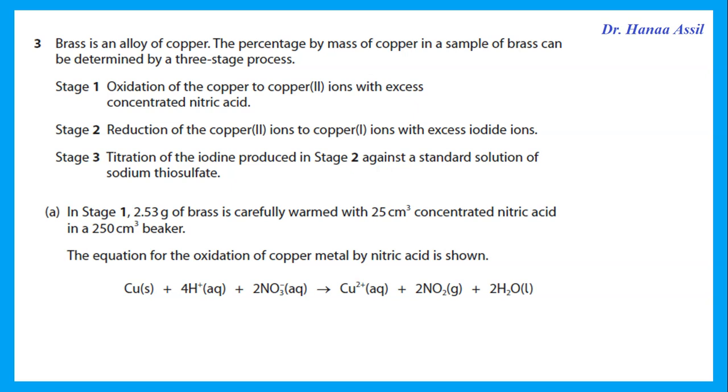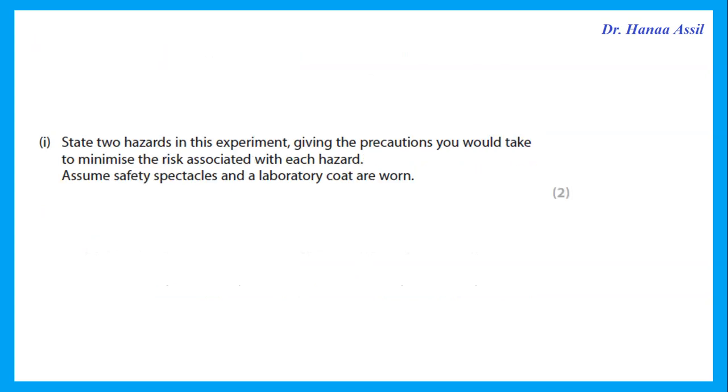So the first question says, in stage 1, 2.53 grams of brass is carefully warmed with 25 centimeter cubed of concentrated nitric acid in a beaker. The equation for the oxidation is given, and he's asking to state 2 hazards in this experiment, giving the precautions you would take to minimize the risk associated with each hazard.